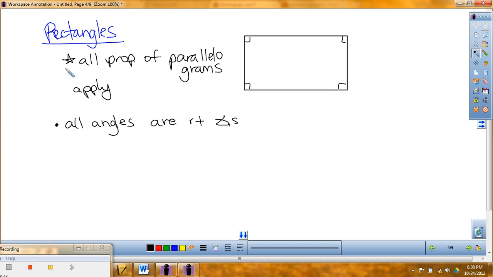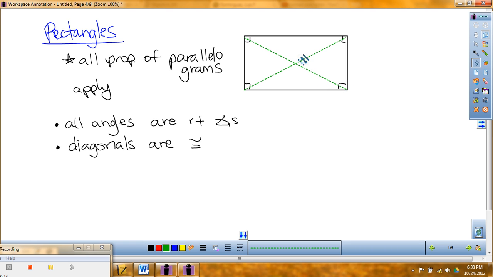And we get a special property for rectangles, that the diagonals are congruent. So here our diagonals are congruent.